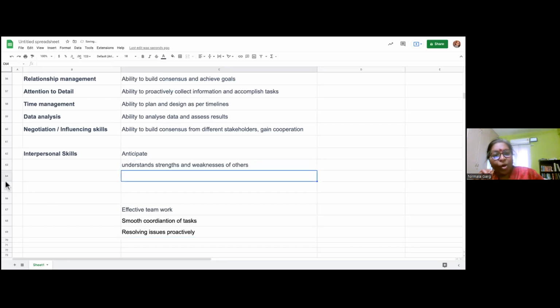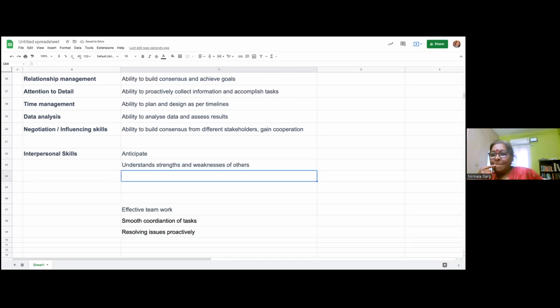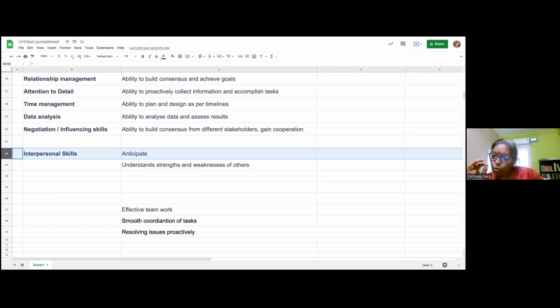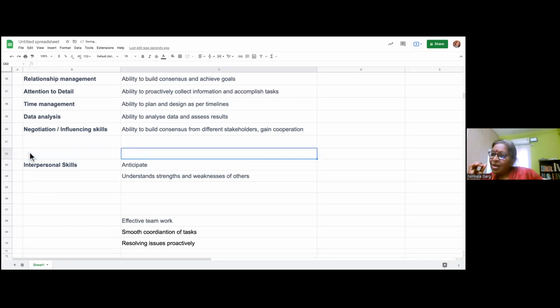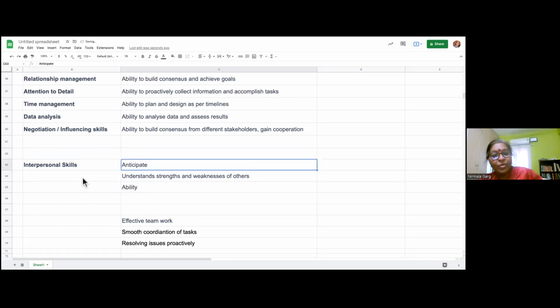So I hope you are now getting, when I'm saying behavioral indicator, you have to first check, can I observe this behavior? Can I measure this behavior? Interpersonal skill: anticipate, understand strength. Ability to notice and also to anticipate others' concerns and feelings. Because an interpersonal skill guy will empathize, he will anticipate.